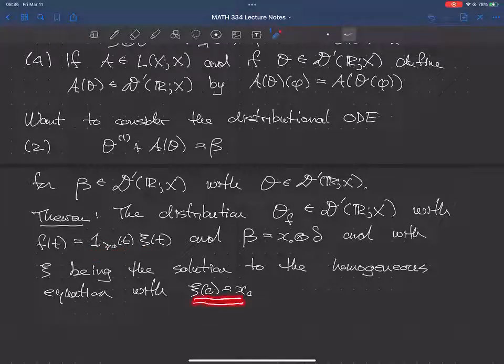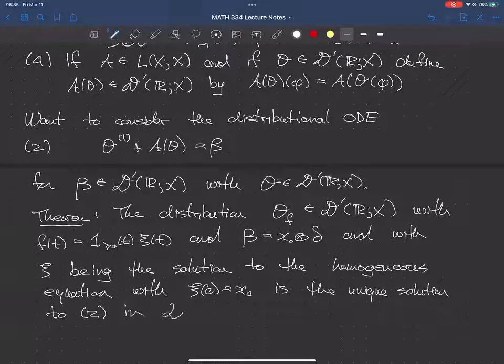And in this case, the solution is uniquely specified by that initial condition. Okay. So that distribution is the unique solution in D prime plus of R X.